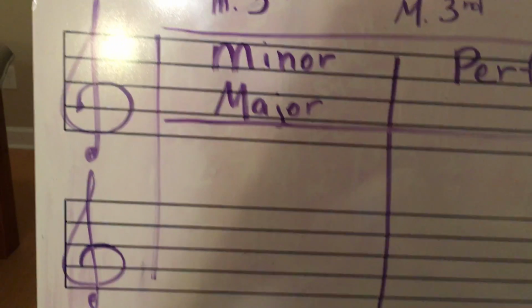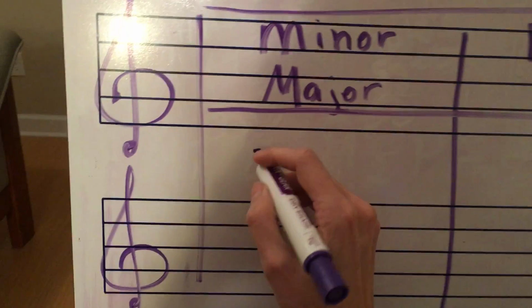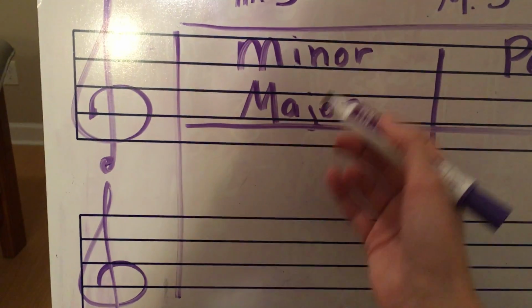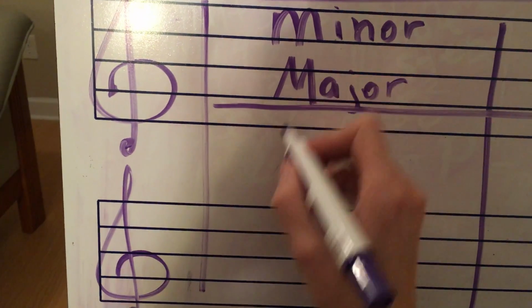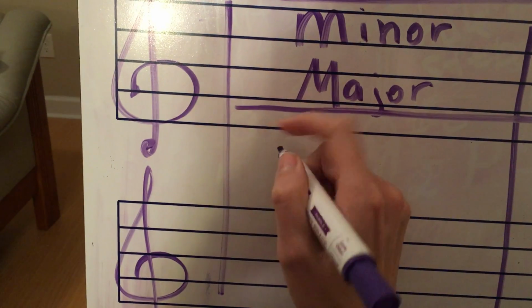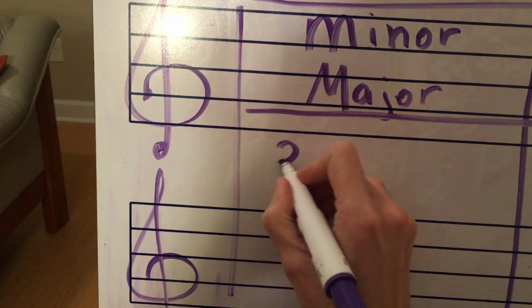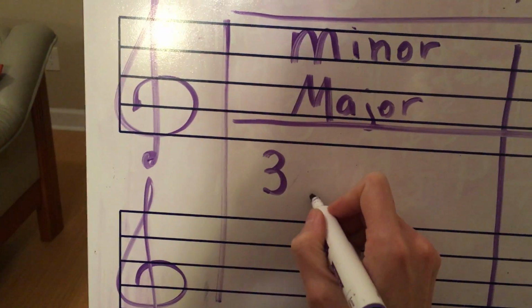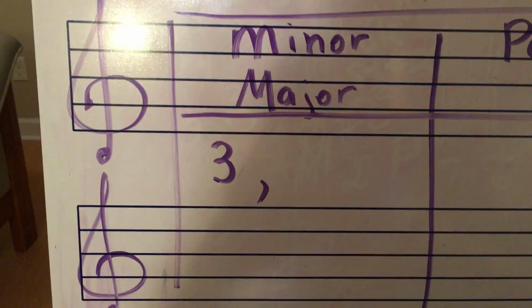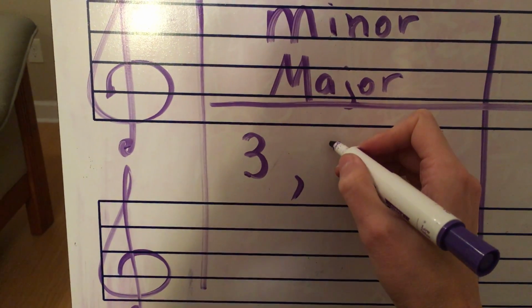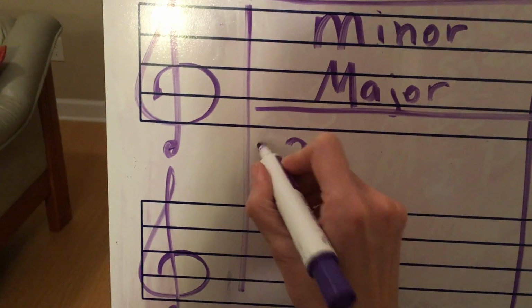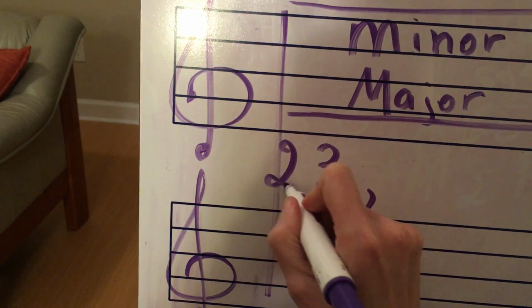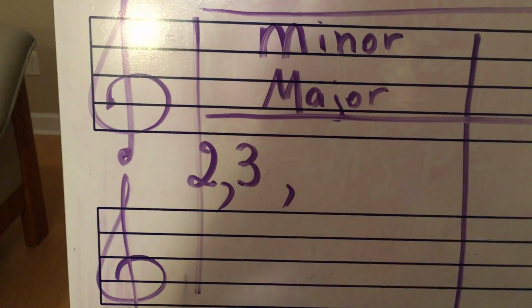Okay, about this today. So which intervals can be minor and major? So for this group, we'll say thirds. Thirds can be minor or can be major. Well, actually our seconds, let's just start with the seconds, thirds.